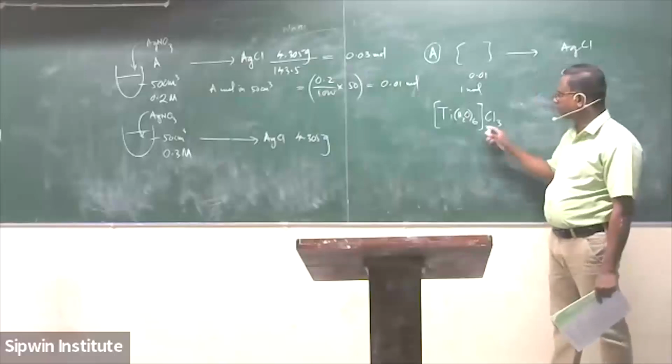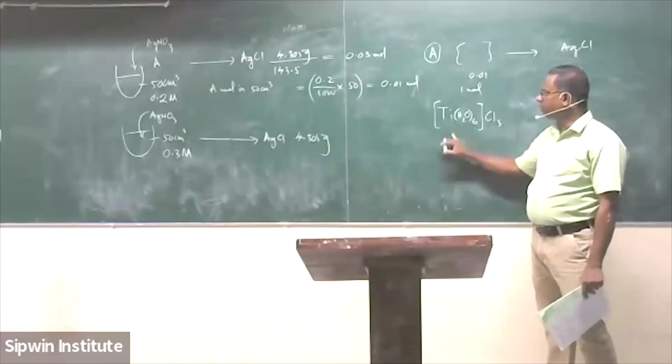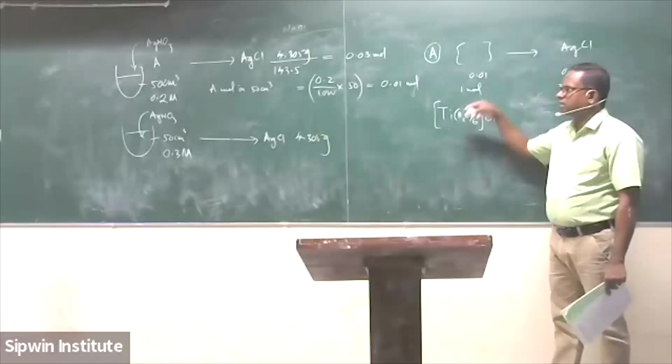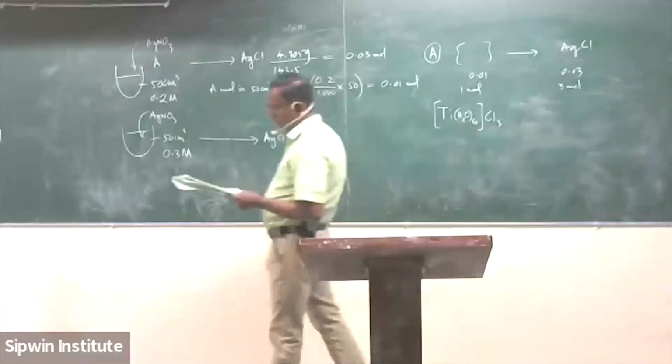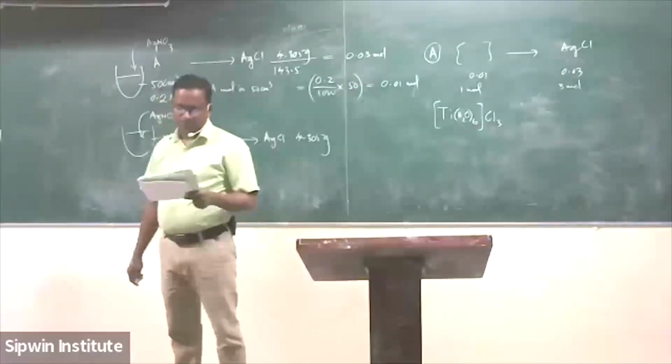Titanium 3 plus with 3 ionic chlorides, and it is octahedral, therefore 6 water molecules should be there. You need to derive it like that.